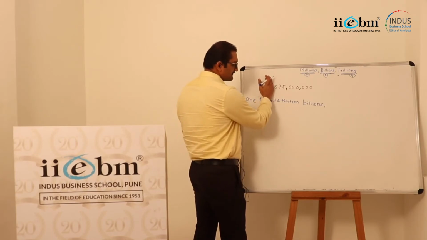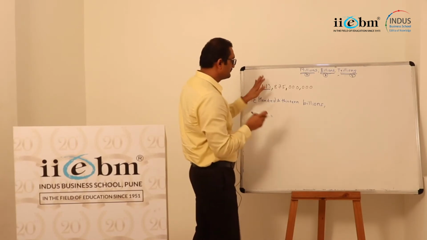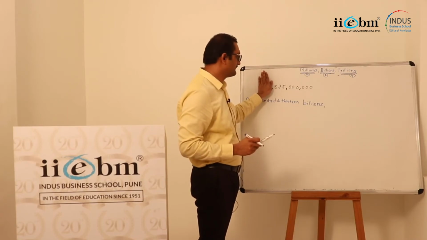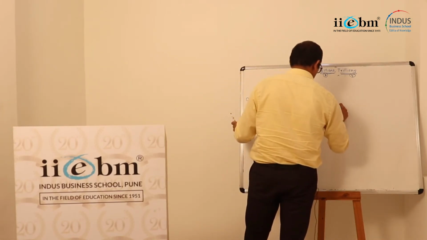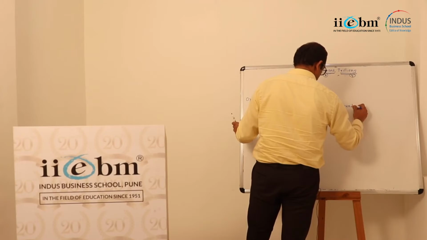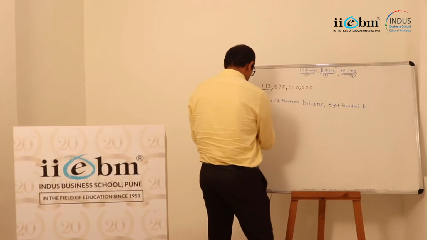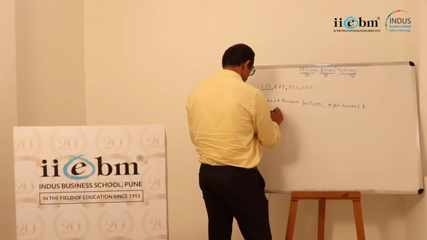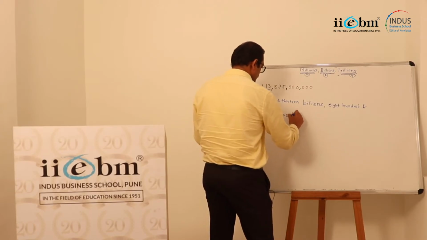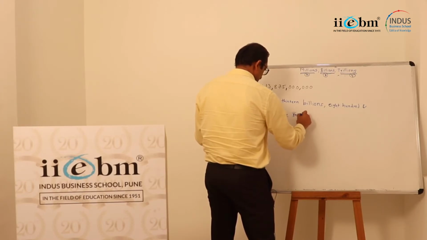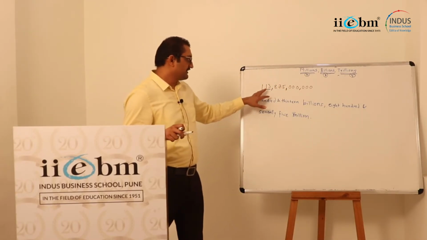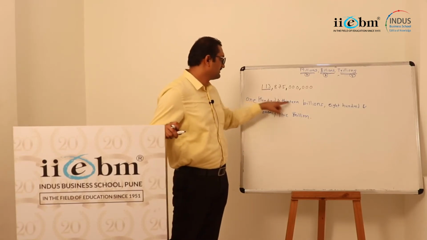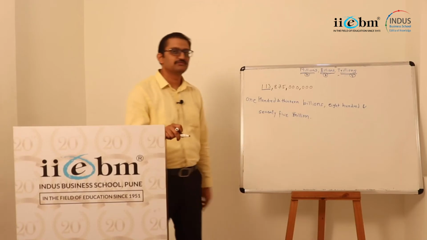If we don't have this particular number, then we would have called this number 875 million. So this is how we can read this particular number as 113 billion 875 million.